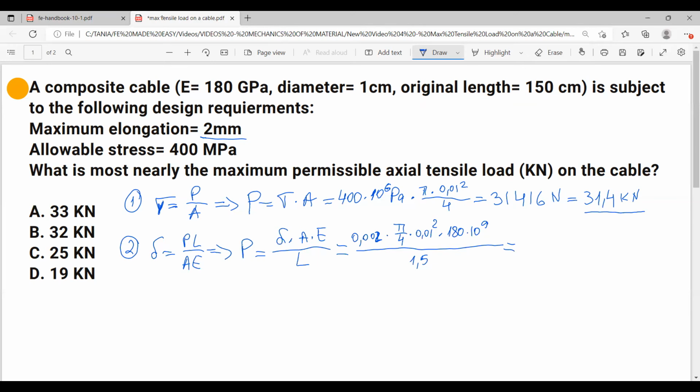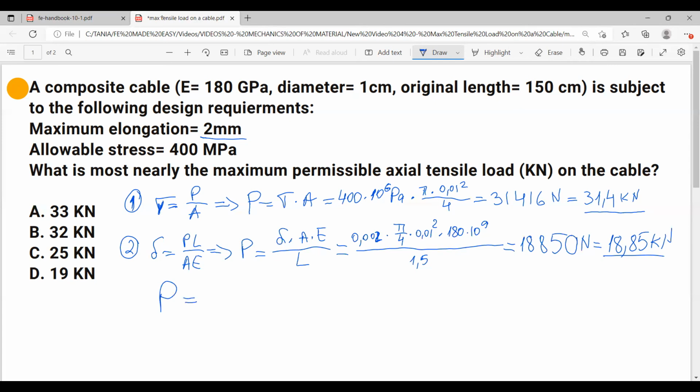And from here, we get that the load equals 18,850 newtons, or transforming to kilonewtons, 18.85 kilonewtons.